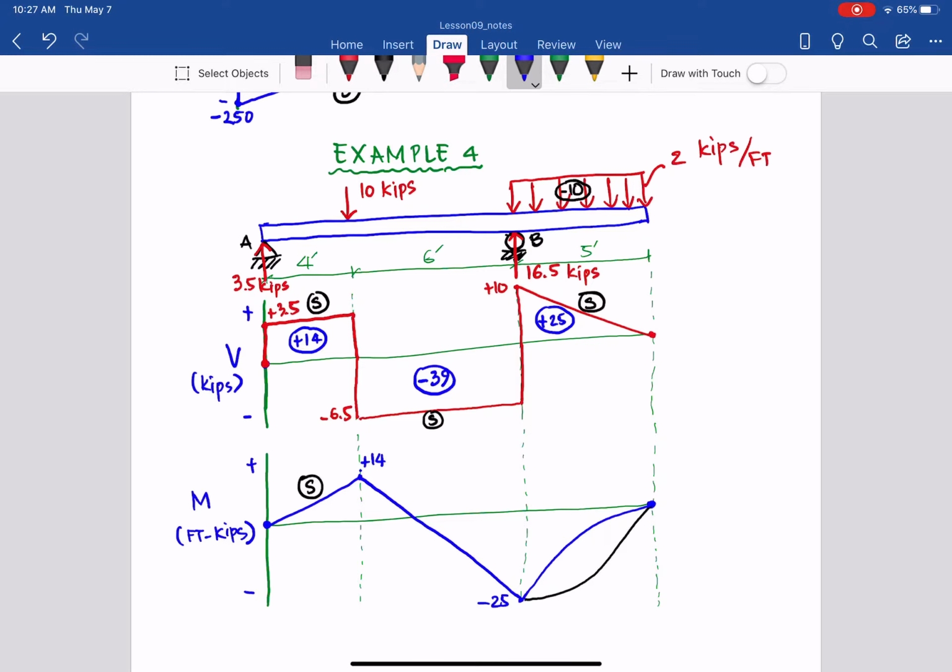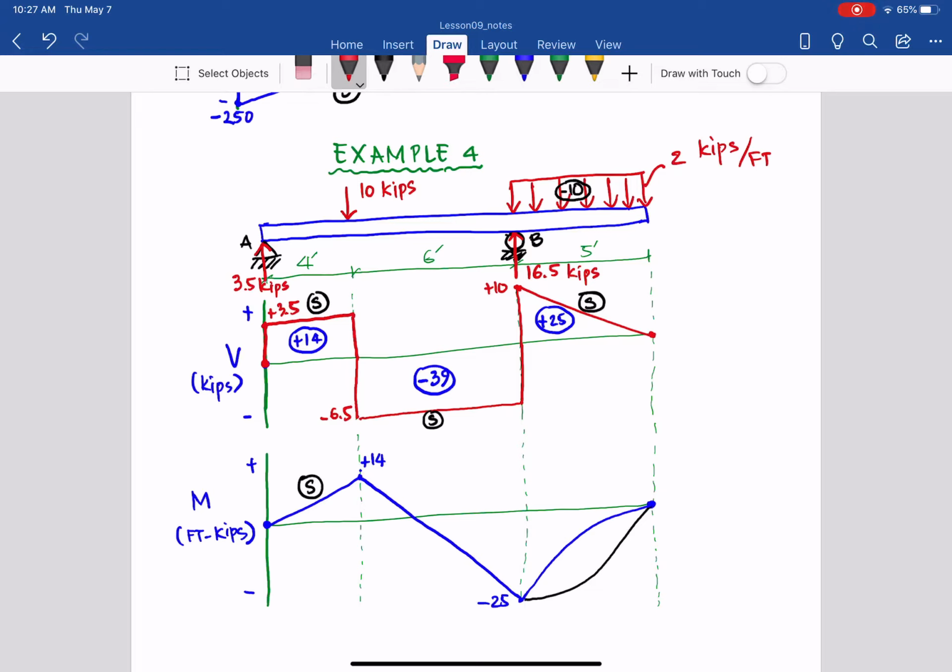Both are parabolas. To see that, you need to look at the shear, right? At the roller, the shear just right of the roller is plus 10. So the slope of the moment diagram there is not 0. It has to be 10.